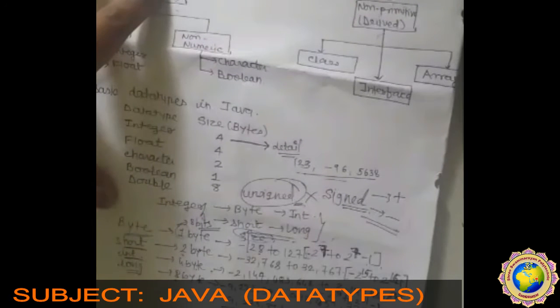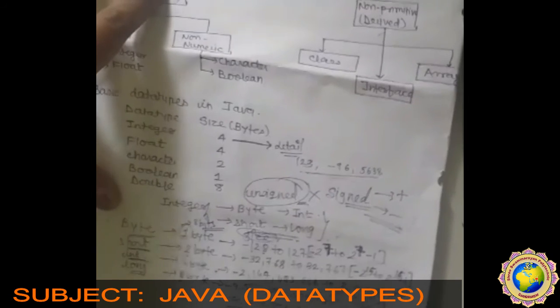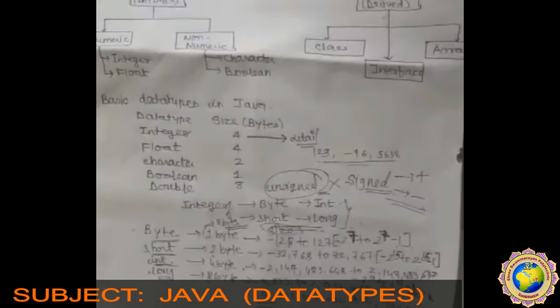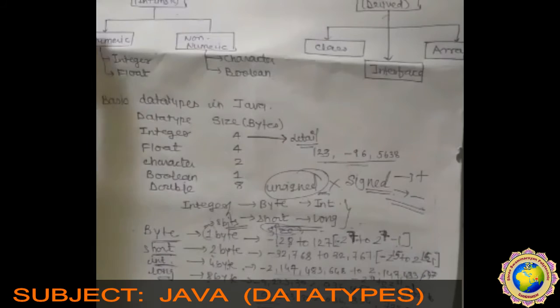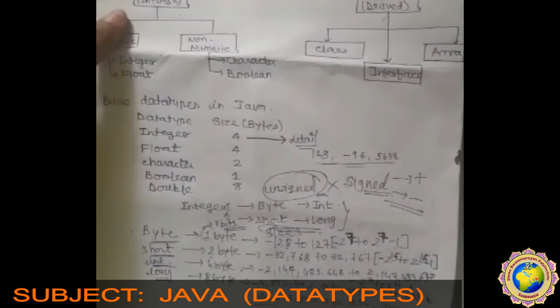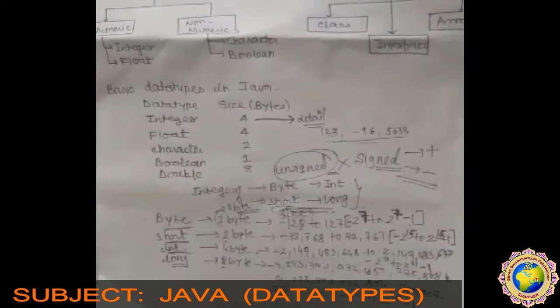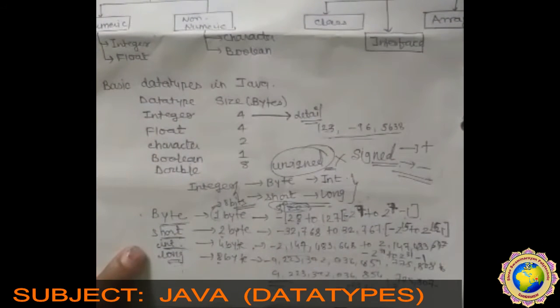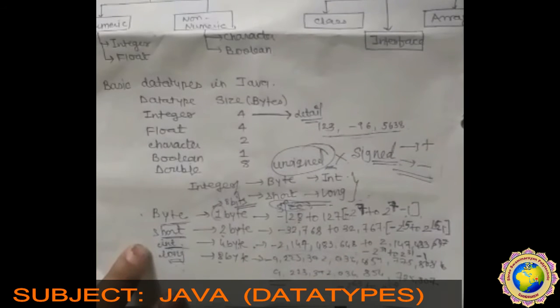So minus 2 raised to 63 to 2 raised to 63 minus 1. So this is all about the basic data types of integer, size and range.